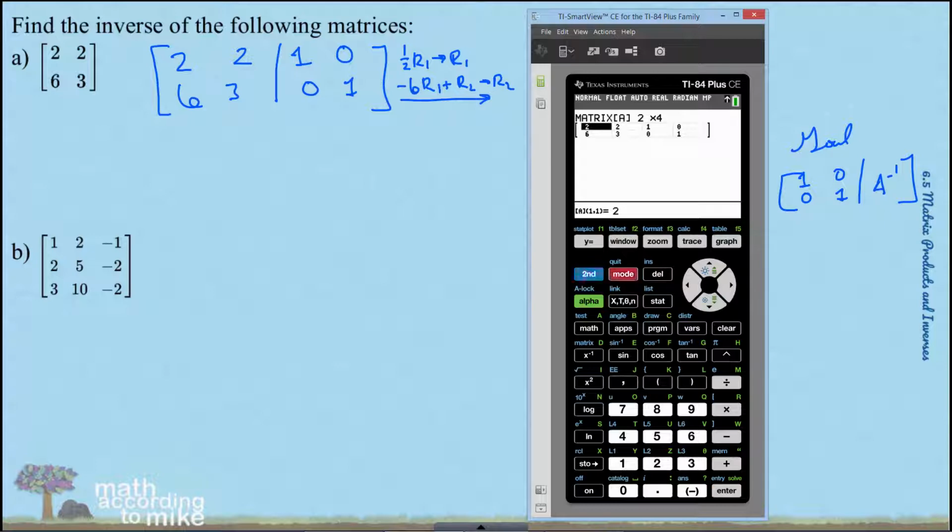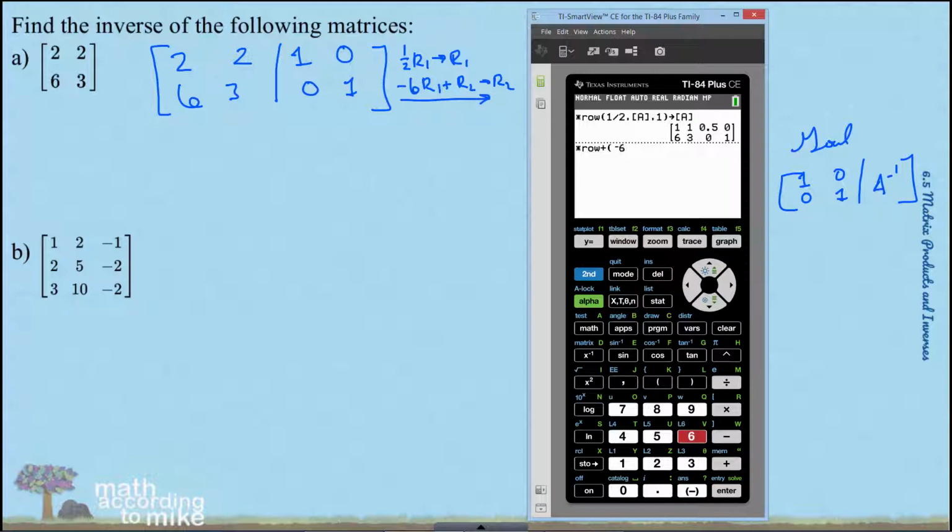All right, I'm going to quit out of here. Second matrix, scroll over to math. The first one is a star row. And the second one is a star row plus.